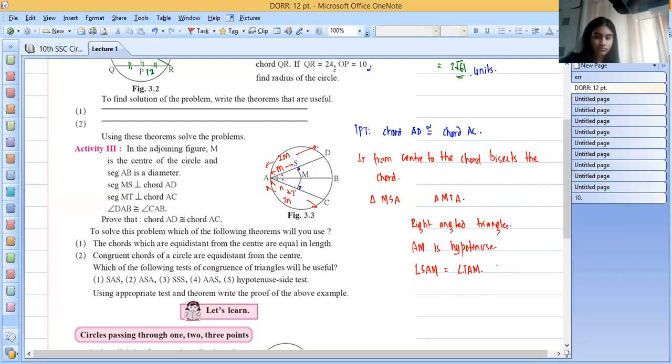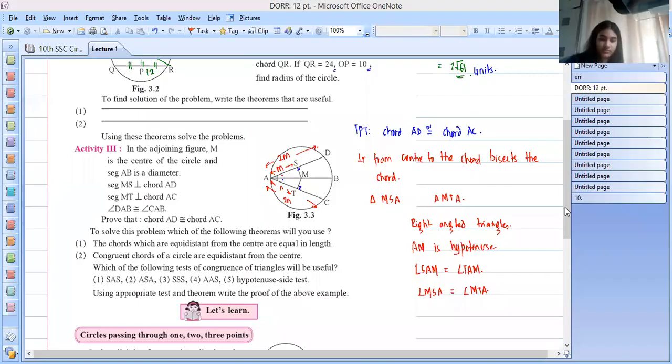That is given. You have angle MSA equal to angle MTA.